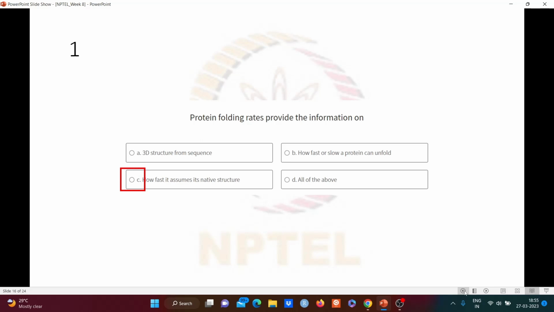Because it also tells fast and slow, but folding rate never tells about the unfolding. We have studied about KF and KU as well, right? Here the question is about KF, and option B stands for KU. So the option is B. Protein folding rate provides information on how fast or how slow protein folding is done.